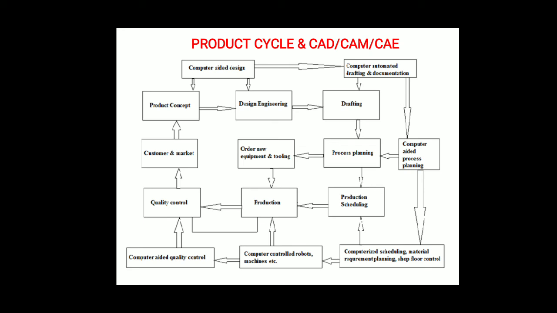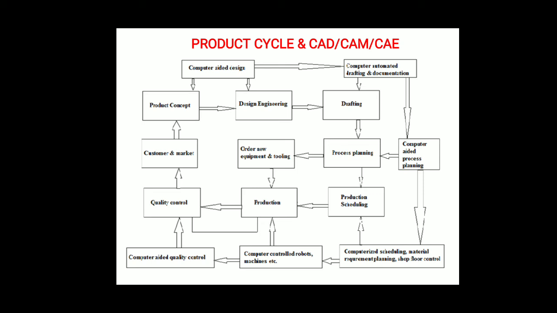The plan is documented by drafting, a set of engineering drawings showing how the product is made. Process planning is formulated, which specifies the sequence of production operations required to make the product, and new equipment and tools are sometimes required to produce the new product.